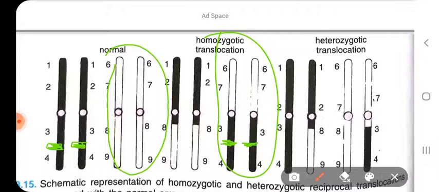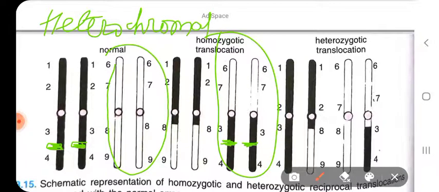Heterochromatin regions are those regions of the chromosome which are tightly coiled, condensed regions of chromatin. Heterochromatin regions are the condensed regions of the chromosome.